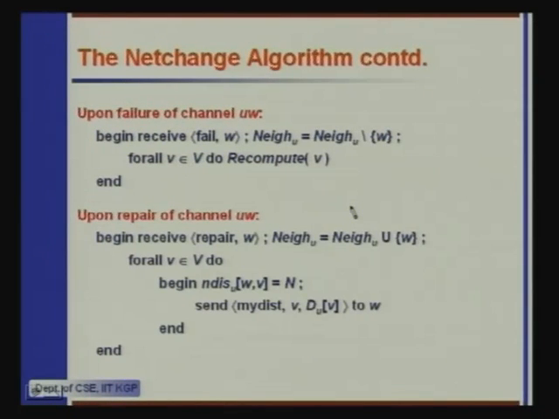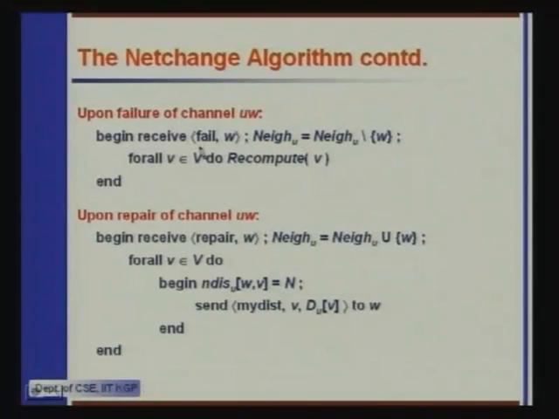How is a channel failure handled? When a channel fails, you remember that we assume that the neighbors, the two ends of the channel, are informed about that. How are they informed about that? They are informed by virtue of this message, fail W. So, the channel informs the two nodes at its two ends that it has failed.